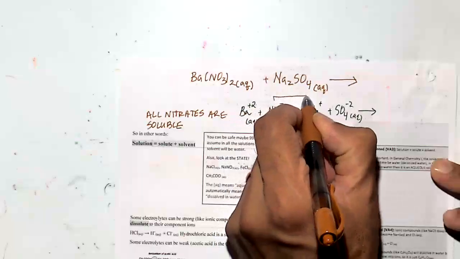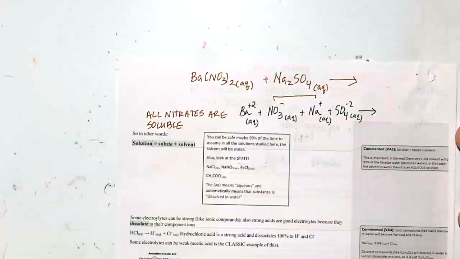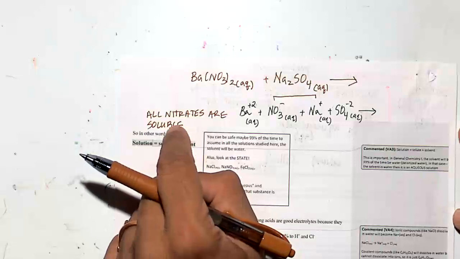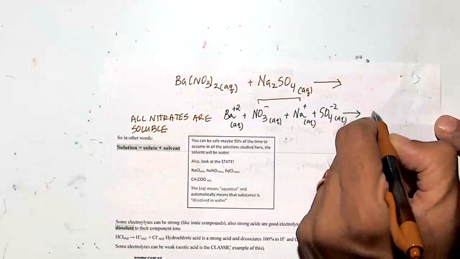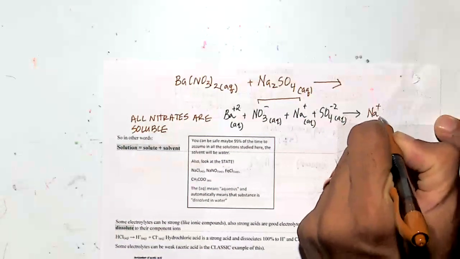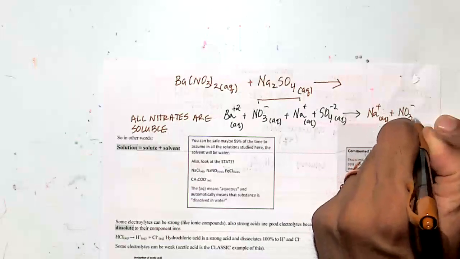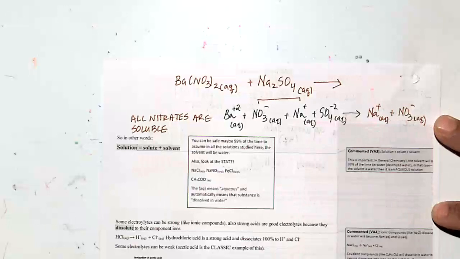So this sodium ion and nitrate ion will come together. But what did we say about sodium nitrate? It dissolved in water, so all nitrates are soluble. And since all nitrates are soluble, it just breaks apart into its ions.